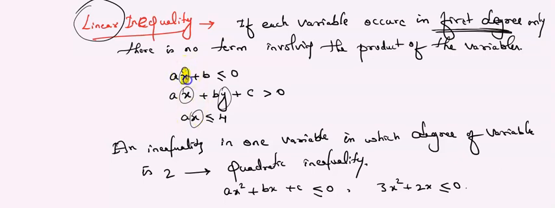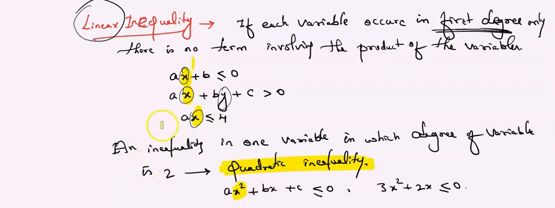As you can see here, this is the variable. If nothing is written, we can assume 1 is there. If you look at the power, the degree of this variable, and it is 2, then we call it a quadratic inequality. If the variable has degree 1, the first degree, then it is called a linear inequality.